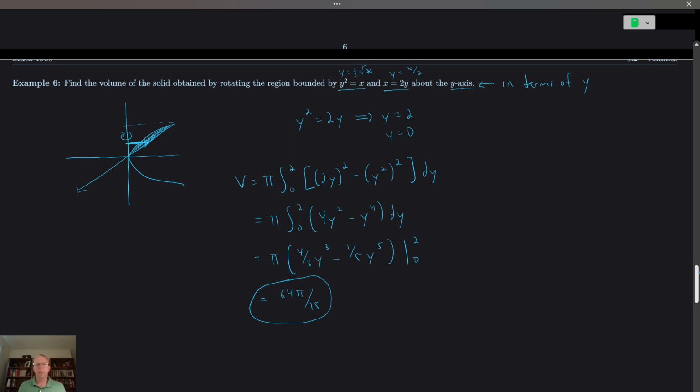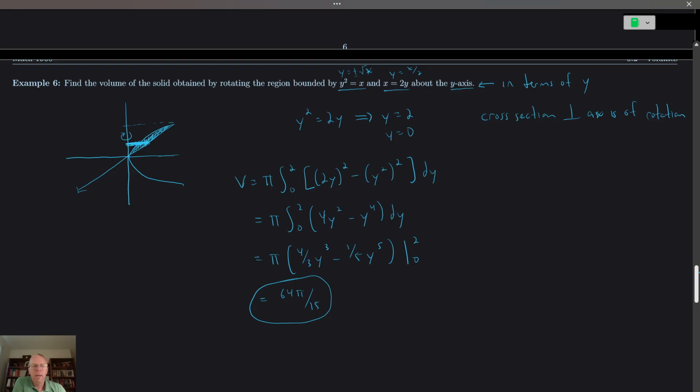All right, so what are the key takeaways here? Let's remember that the way we're measuring the radius is that the cross section is perpendicular to the axis of rotation.